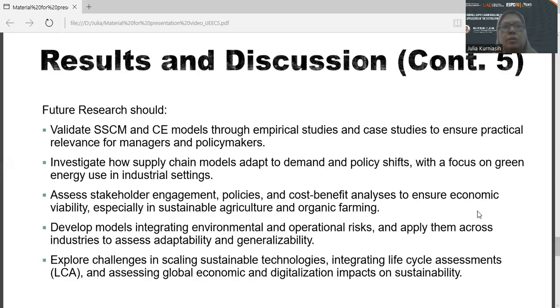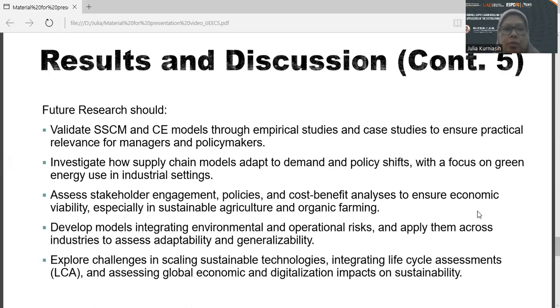Future research should, one, validate sustainable supply chain management and circular economy models through empirical studies and case studies to ensure practical relevance for managers and policymakers. Second, investigate how supply chain models adapt to demand and policy shifts with a focus on green energy use in industrial settings.